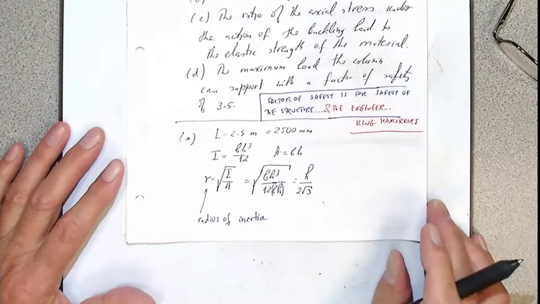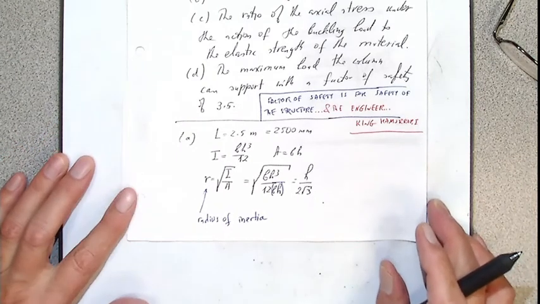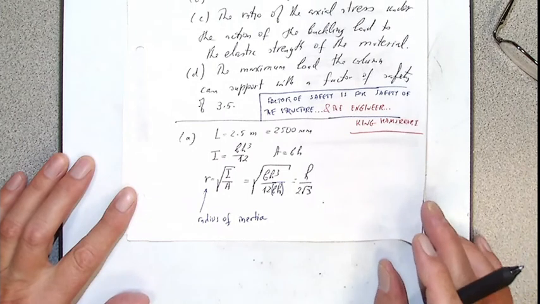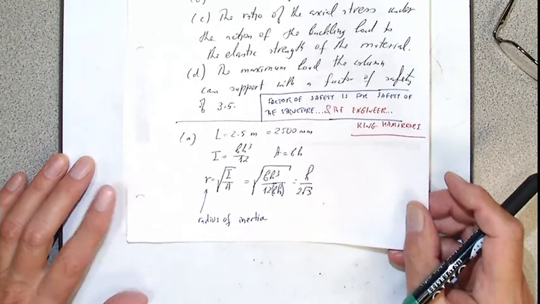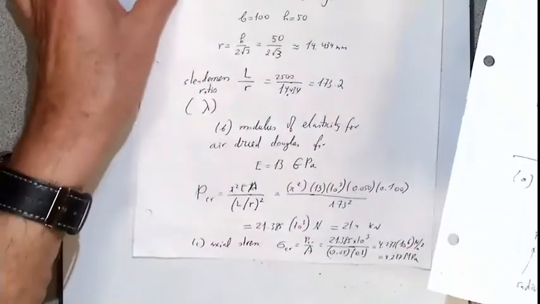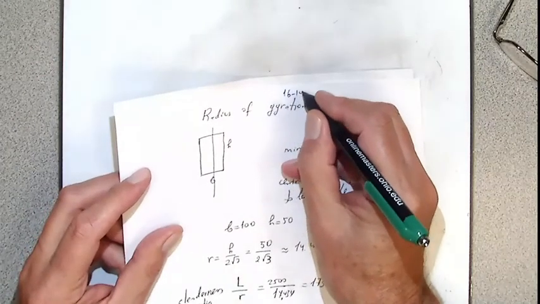Any questions here? Now, wait a minute. Radius of gyration, 16.14.